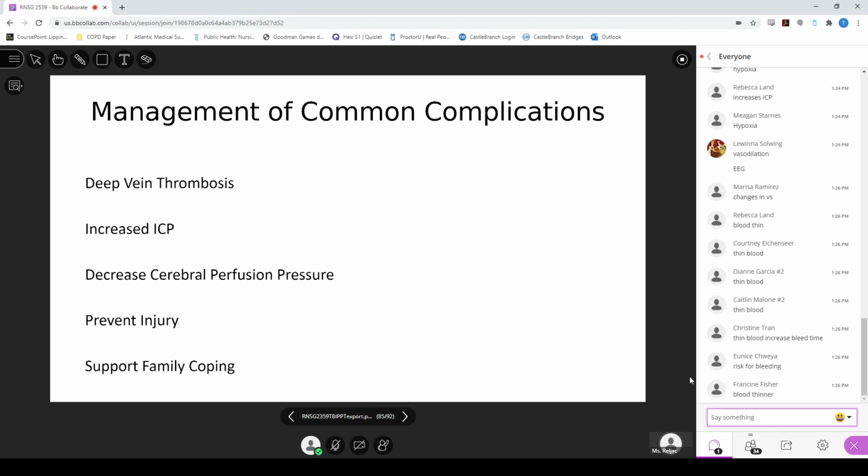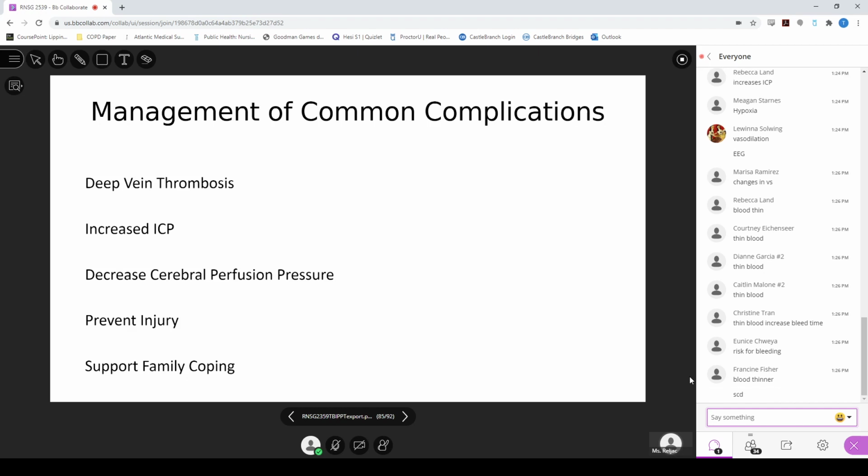But that is not common, and it does increase the risk for bleeding. It's best to use some type of mechanical device, like the compression stockings or the graduated compression stockings that run in the bed. SCDs, that's right. They also help with keeping the circulation going without using the blood thinner. But for a patient that's at extremely high risk, they will still be given heparin and watched very closely. Okay, that's a special patient population. Not everybody is given heparin.